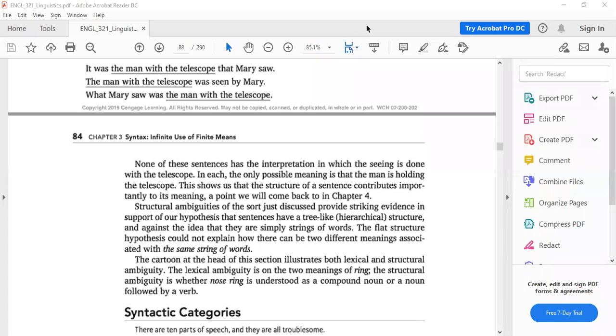A puppy is embedded within a larger constituent, found a puppy, and found a puppy is included within the larger sentence, the child found a puppy. We will talk more about this next time, inshallah.